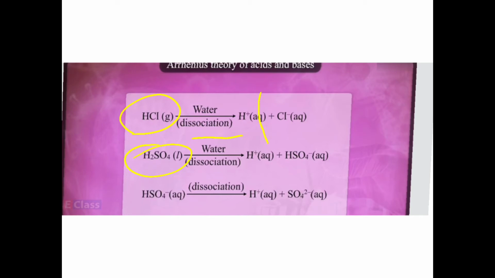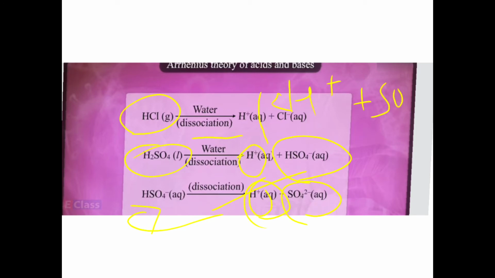Now H2SO4. When dissolved, an H ion gets separated and you will get HSO4 minus. Again this HSO4 will undergo further dissociation and you will get H plus and SO4. So ultimately what did you get? One H ion here, one H ion here. So two H ions in H2SO4, and you have SO4 as the negative ion.